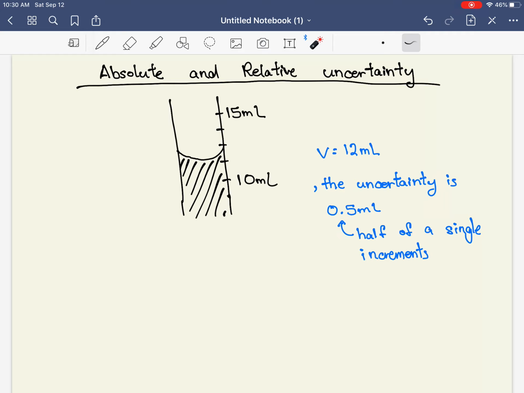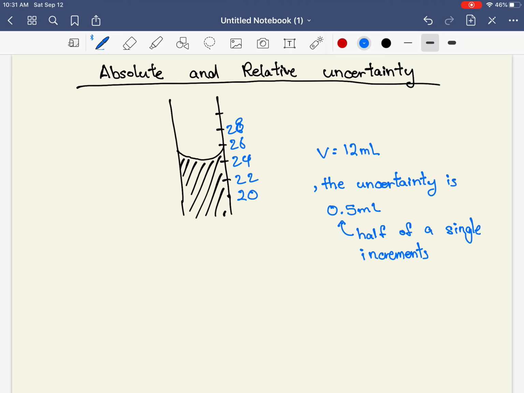Let me clear this up a little bit and change it to something else. Let's say the incrementation here is going up by 2. Let's say this is 20, 22, 24, 26, 28.